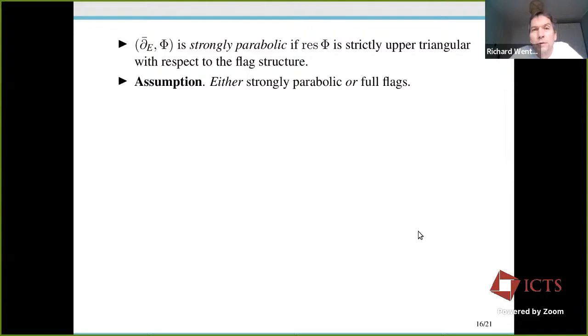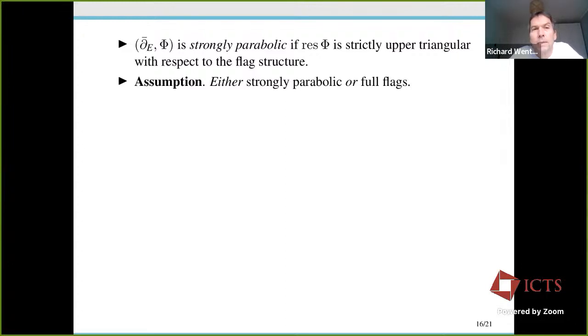If we wanted to fix the residue to be something else, to have eigenvalues, then in principle, you wouldn't have a C-star action. So then we have to consider all possible residues. Then the C-star action exists on that moduli space again, but it's a more complicated object.